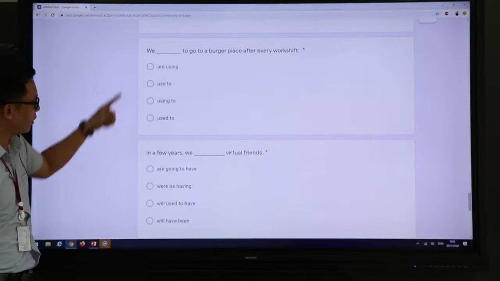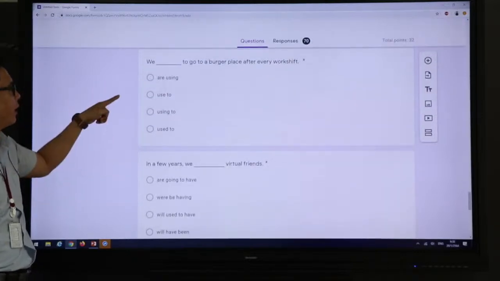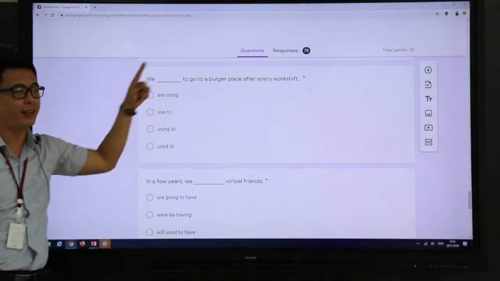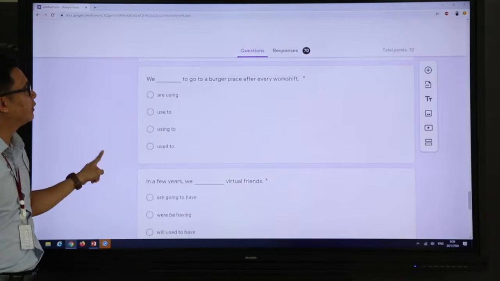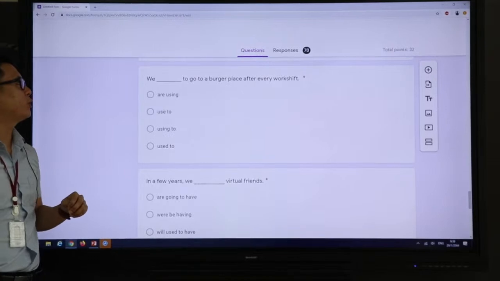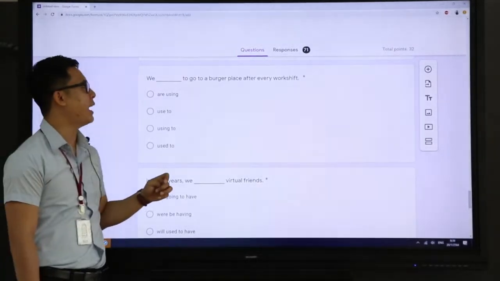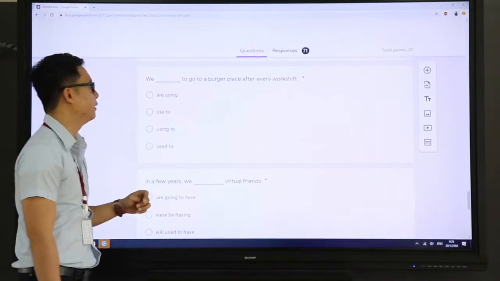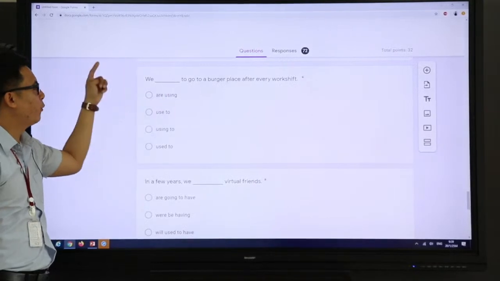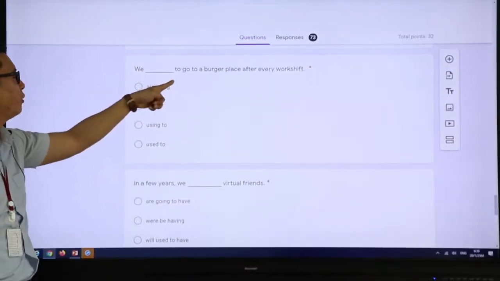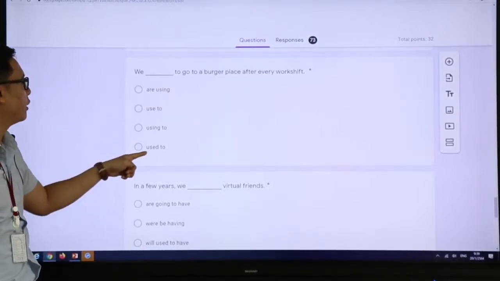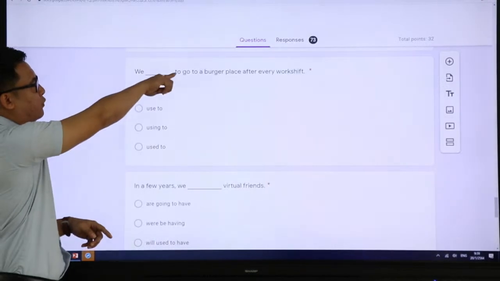Number, I think it's 7, 8. Okay, this is 8 and 9. Number 9, we have 70 respondents already. Number 9, we blank to go to a burger place after every work shift. We used to go, or using to go, or sorry, this one disregard to because we already have to there.